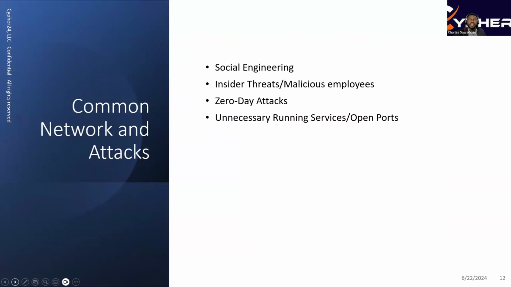Think about it this way: a zero-day vulnerability is a vulnerability for which a patch is not yet available. A zero-day attack is when an attacker exploits that zero-day vulnerability. It's an attack where even the vendor has not discovered that vulnerability yet.